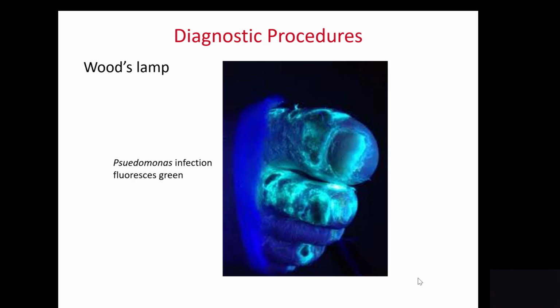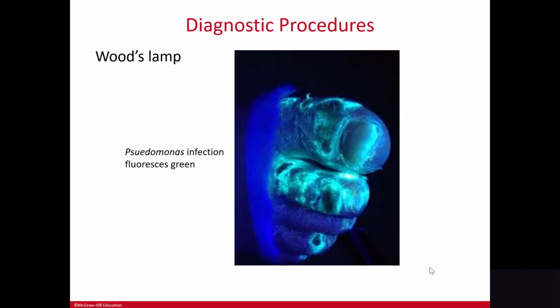And then under a black light, things like Pseudomonas, as seen here on this person's toes, Pseudomonas will fluoresce green. Fluoresce means to glow brightly under a UV light. So if we shine a black light on a Pseudomonas infection, it will glow like this.